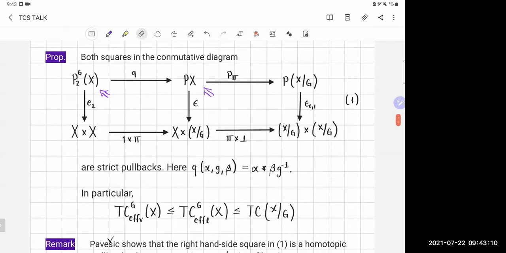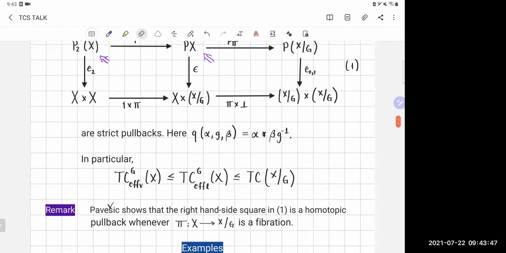So we can conclude that the sectional category of this map, which is the effective TC, is less or equal than the sectional category of this map, which is the effectual topological complexity, which in turn is less or equal than the sectional category of this map, that is the topological complexity of the orbit space.